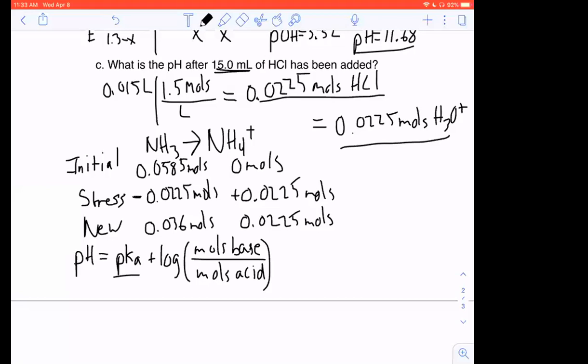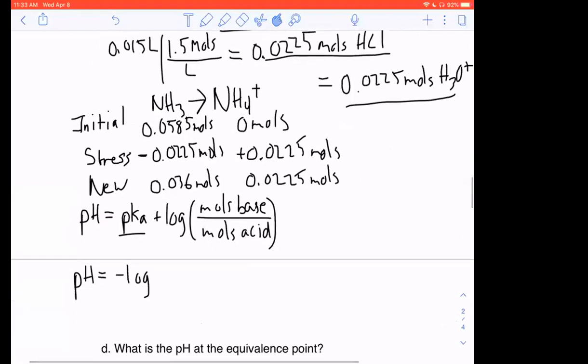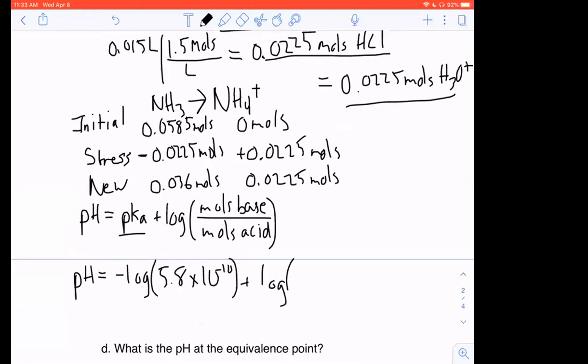Okay, perfect. So from the answers I'm getting in, people are getting it right. And so just to double check, if you use the Henderson-Hasselbalch equation, you have pH equals negative log of the Ka, which is what pKa means. So negative log of the Ka, in this case, the Ka was 5.8 times 10 to the minus 10th, plus log of moles of base, which is 0.036 we found here.